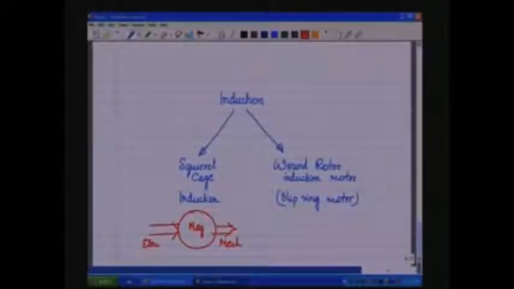And in this case, there is a possibility for the energy entering from the electrical domain to be tapped either to the electrical domain or through the mechanical domain. So, by means of slip rings that we discussed while we were discussing the DC generator, the principle is precisely the same.